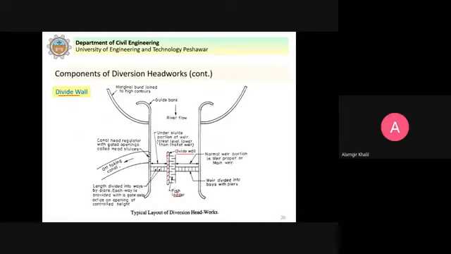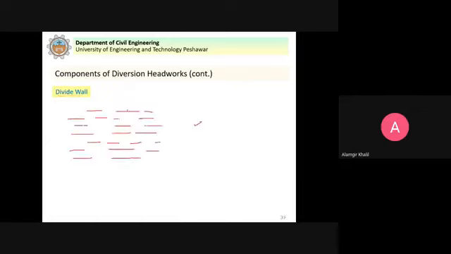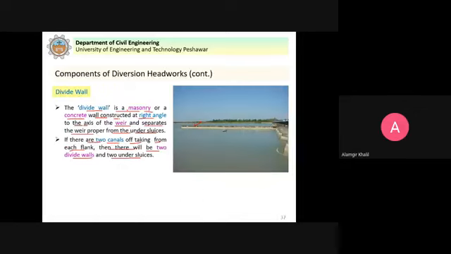Clear? For example, in this picture you can see that there is one canal. So you have a divide wall and undersluice. If we have another canal from the other side, then again there will be an undersluice portion and another divide wall, as I will show you later in the picture.